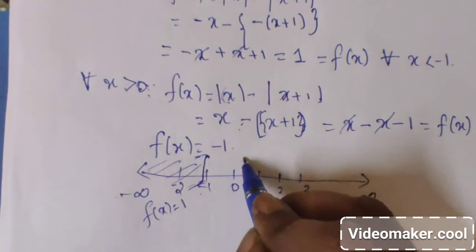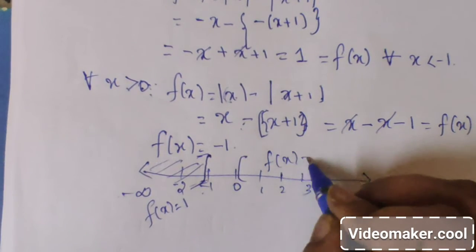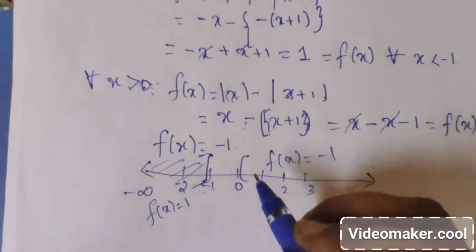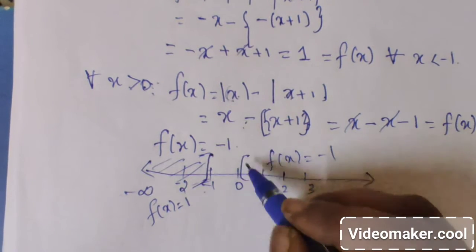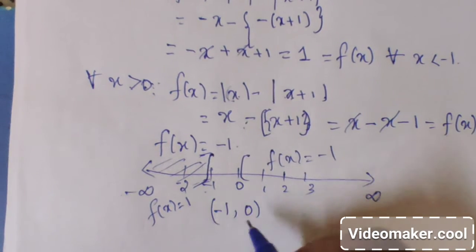And for all x greater than 0, the function is minus 1, again a constant function. Now we will look at the function in the interval minus 1 to 0.